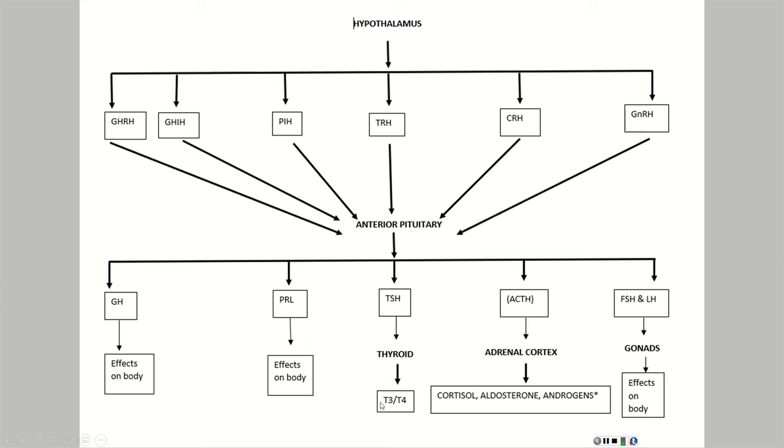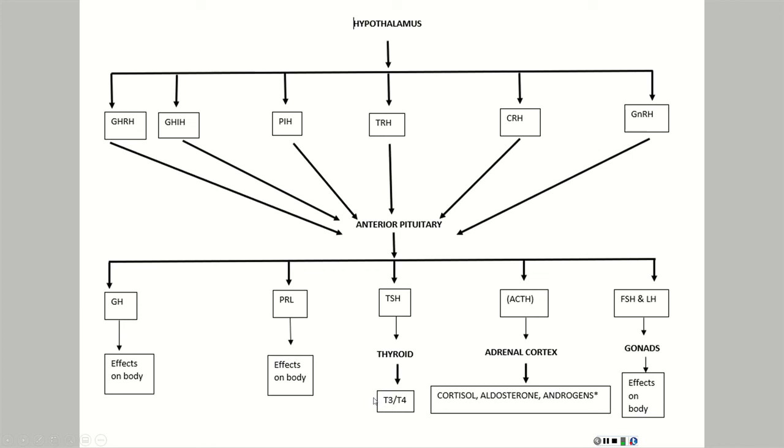Because as we will see today, and as we mentioned last time, the feedback loop goes: the hypothalamus releases its hormone, tells the anterior pituitary to release its hormone, and in this case tells the thyroid to release its hormones, which feed back and cut off the hypothalamus and anterior pituitary. But what we're seeing here is the anterior pituitary is making too much TSH, telling the thyroid to make more T3, T4.